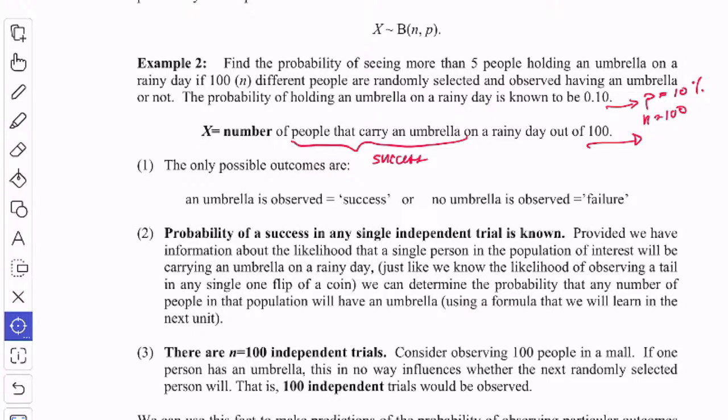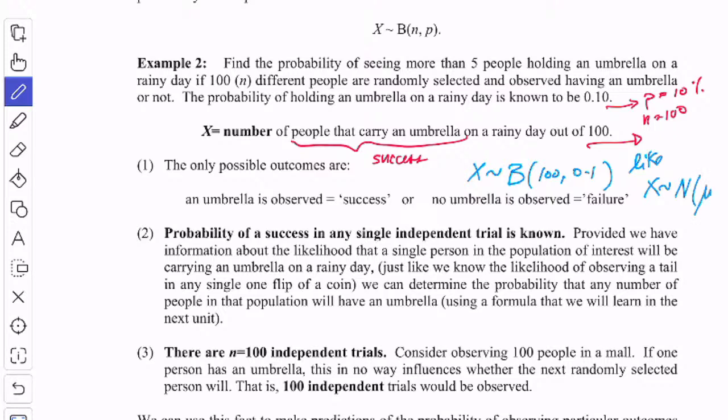Okay, so you can read about that. And what I do with that information, I can write this as X is distributed, remember that tilde symbol, as binomial, and I put the n first and the p second. Let me put it as a decimal. So this should remind you, when we did normal, I would write X tilde N(mu, sigma), right?